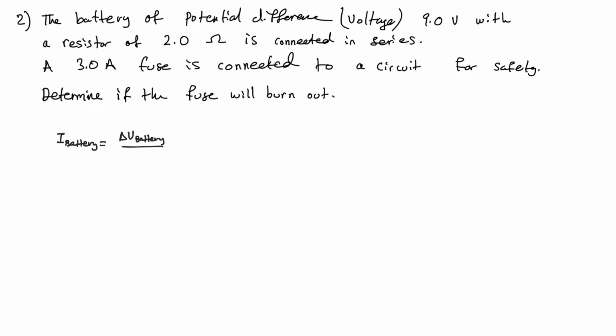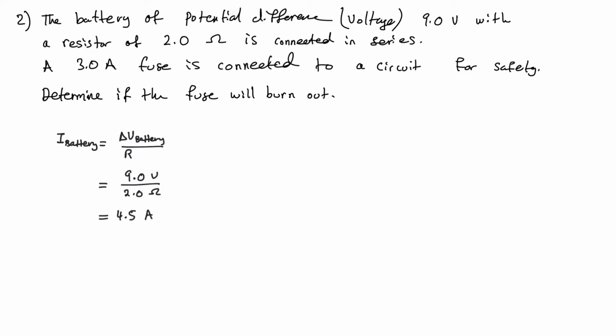There's only one resistor, so it's going to be the resistance here. The voltage is 9 volts, and the resistance is 2 ohms. And when we divide this, we are going to get 4.5. And our unit here is amps.